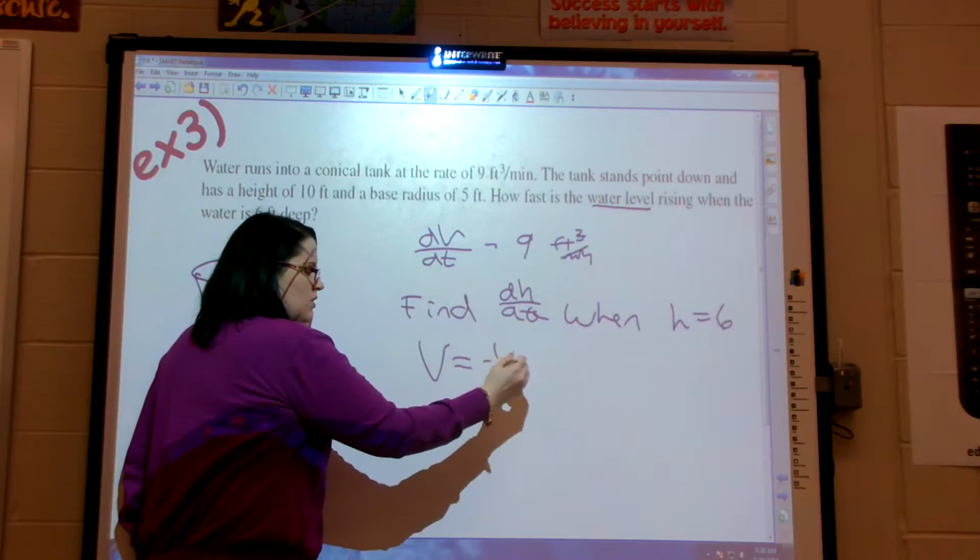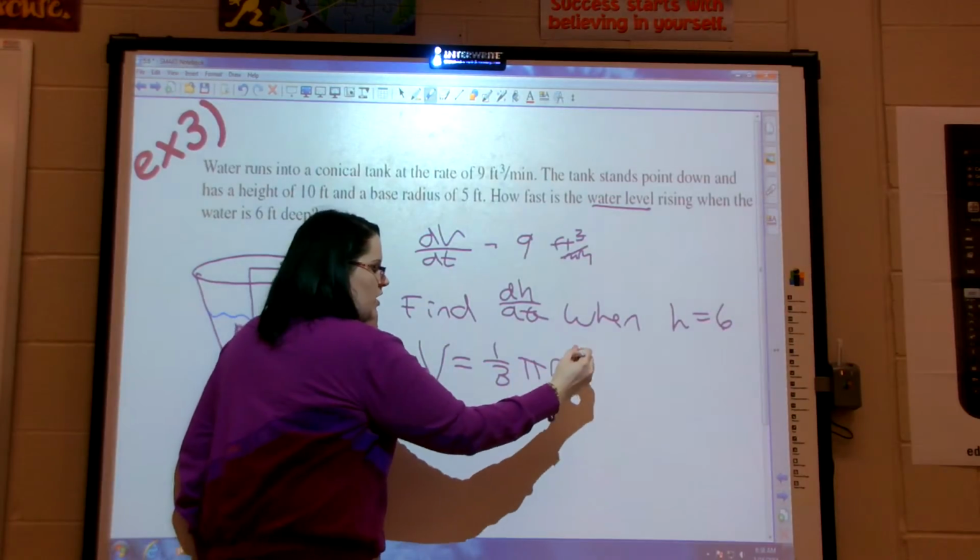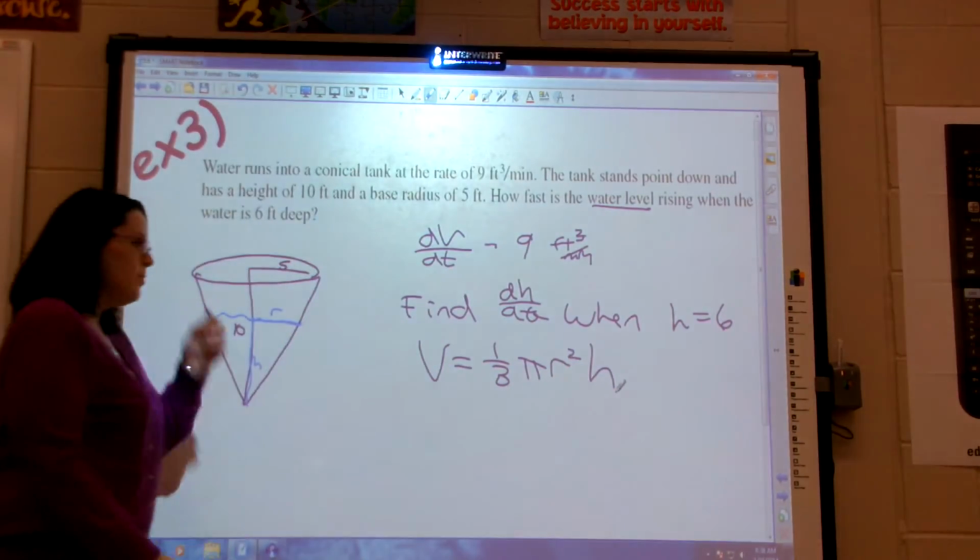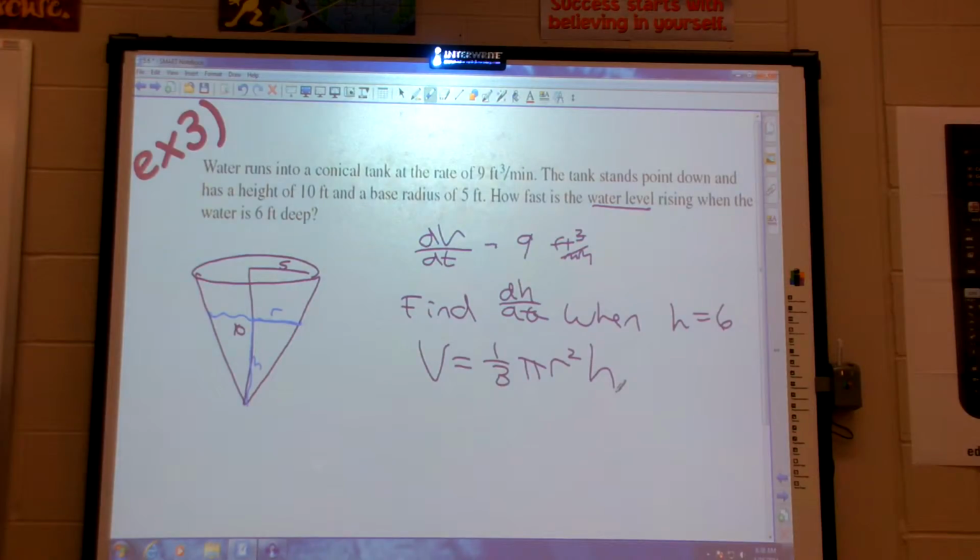V equals 1/3 pi r squared h. But here's the problem. This is what most people struggle with the most: rates. When we're talking rates, how many variables do I have in this equation? 3. And one of them is what I'm trying to find, right? Which means I would have to have the other 2 rates. I do not.